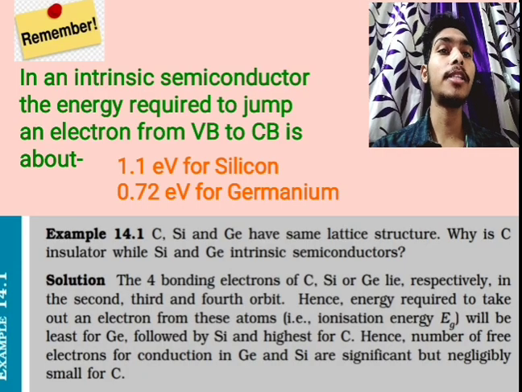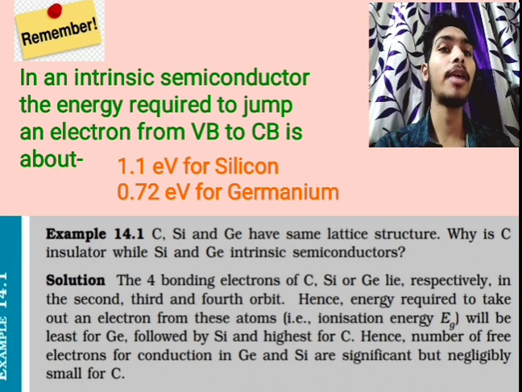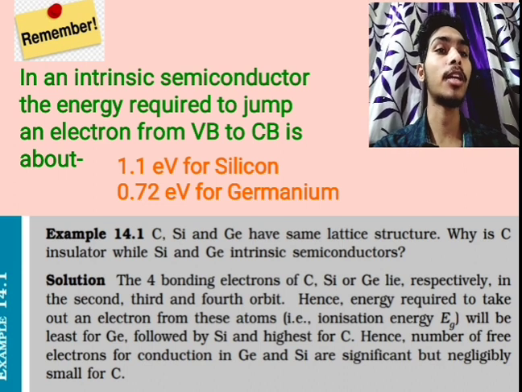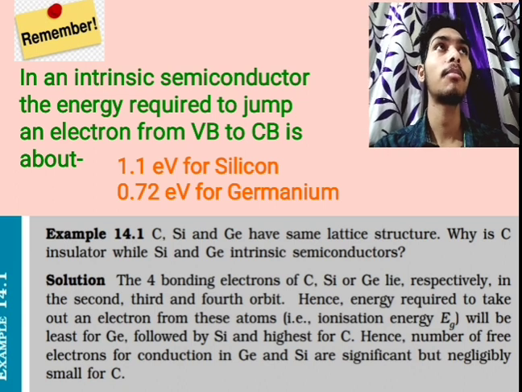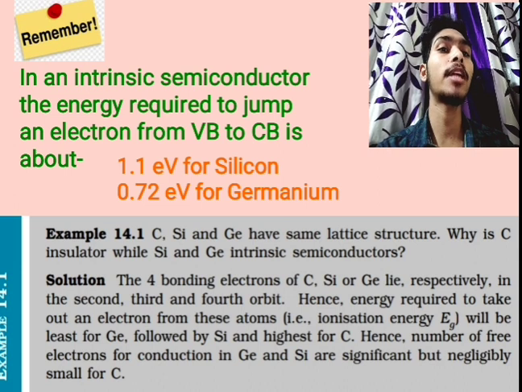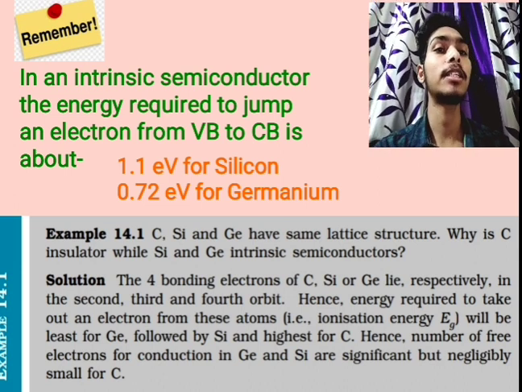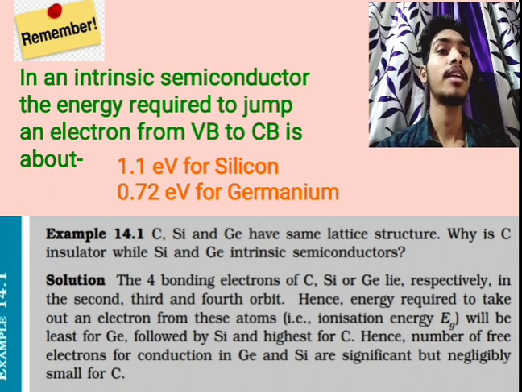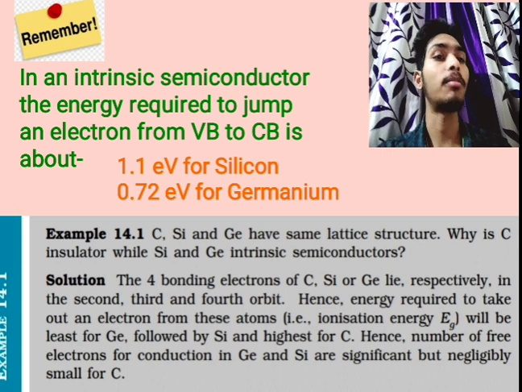Then in an intrinsic semiconductor, this point is very important. The energy required to make an electron jump from the valence band to the conduction band is the forbidden energy gap, which is about 1.1 electron volt for silicon and 0.72 electron volt for germanium. This means that a semiconductor acts as an insulator at room temperature.